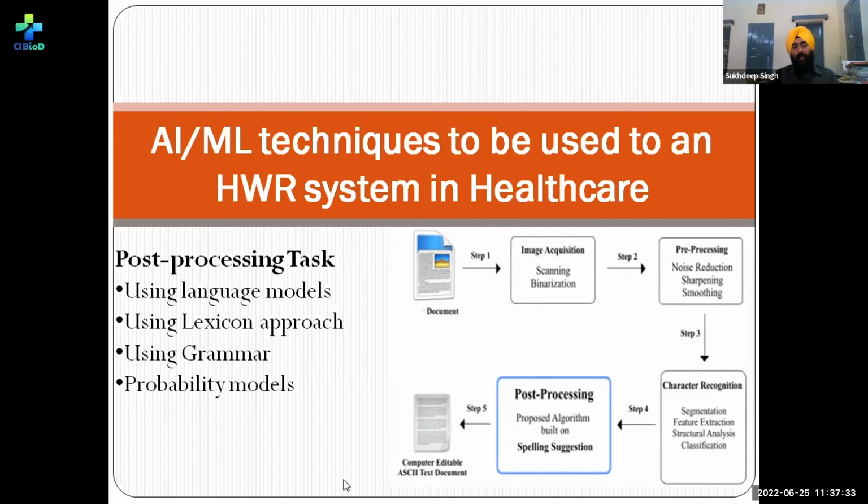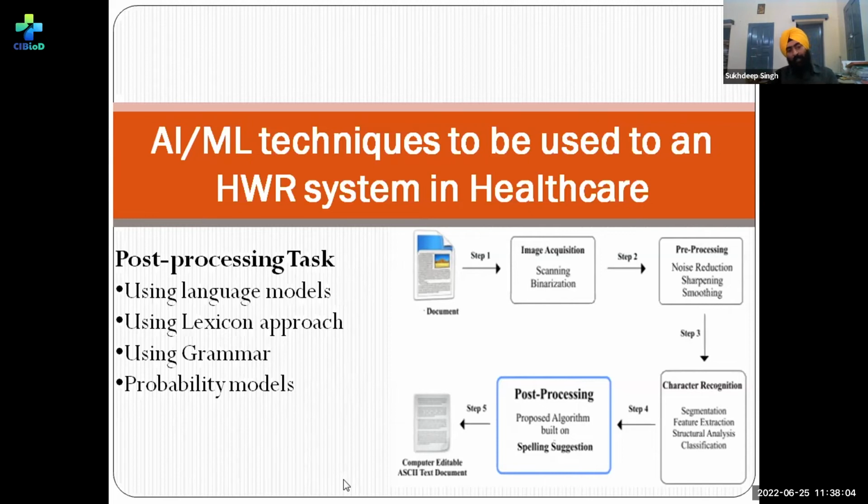In post-processing, we use dictionaries, grammar or language models for spell checking and finding the relevant words. For example, if we have to identify the names of medicines, we will have a lexicon of medicine names.